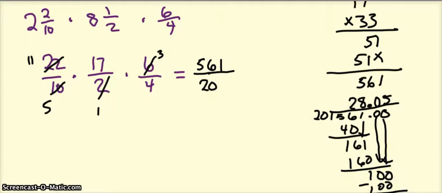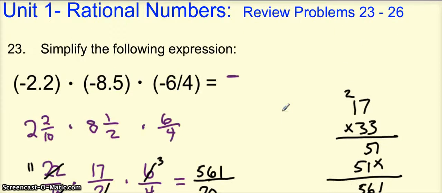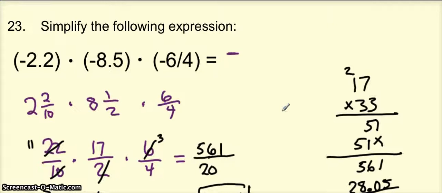And I'm done. So I can say that the decimal equivalent of this is 28.05. Okay, so to simplify this expression, the total expression should be equal to negative 28.05.